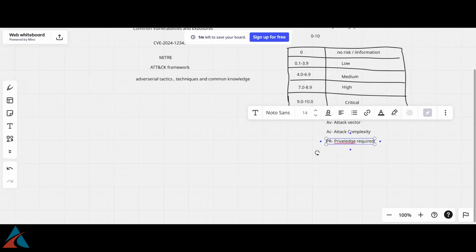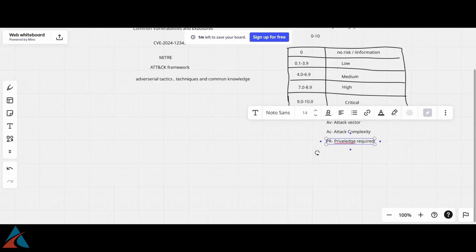Is it high? For example, he needs administrator access first in order to perform that attack. So that is a high level. If he needs a normal user account to perform that attack, it is a low level. That is what privileges required means. Does the attacker already need an account to perform this? Yes or no, depending on that, you have scoring low, high.